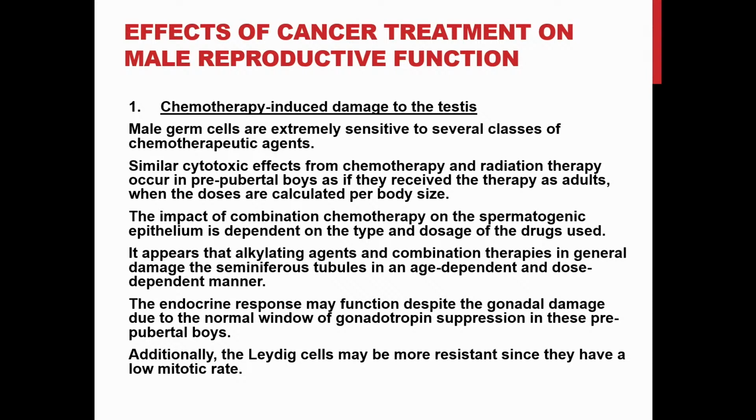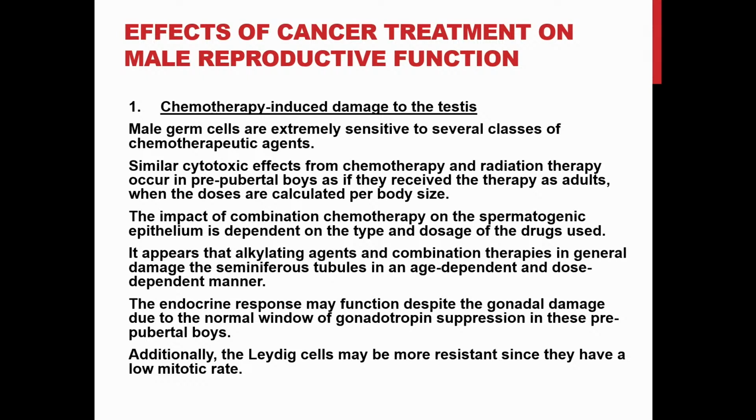So the effects of cancer treatment on the male reproductive function. First, there's the chemotherapy-induced damage to the testes, and the germ cells are usually extremely sensitive to several classes of chemotherapeutic agents. And the impact of combination chemotherapy on the spermatogenic epithelium is usually dependent on the type and dosage of the drugs used.